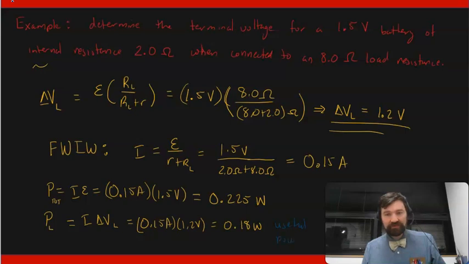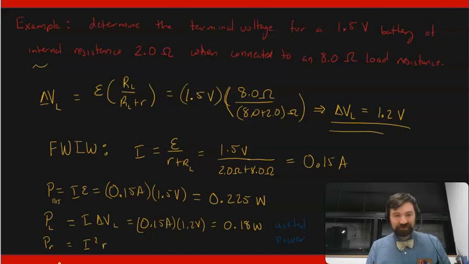And then if you want to know the wasted power, it should be just the difference between these two, which is 0.045 watts. But we can also do that by doing I squared times little r. So that is 0.15 amps squared times 2.0 ohms.